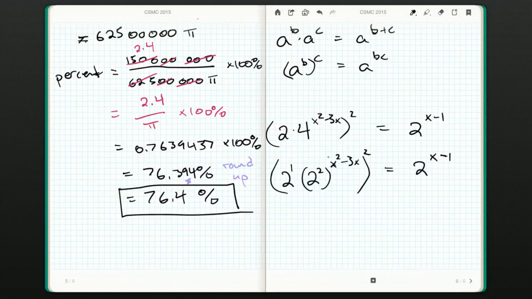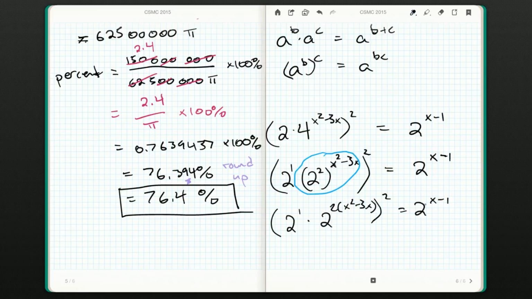Okay. Well, I see right here, which I'll mark in blue, I've got something to the power all raised to another power. And that's this second rule right here. So I can rewrite this, keeping everything the same, as 2 to the 2 times x squared minus 3x. And all of that's squared. Okay. We could expand this out if we wanted to. So let's do that. 2 to the 1 stays where it is.